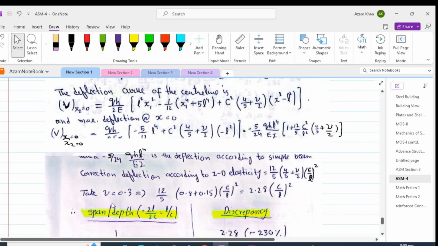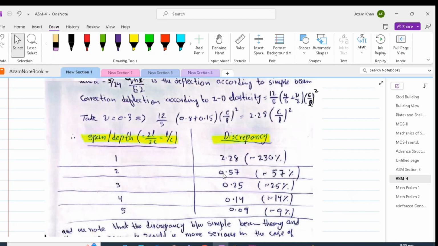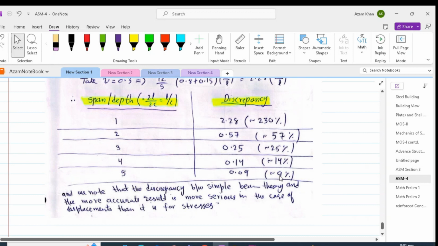So if we take nu equal to 0.3, which is for steel, and put the values in this equation, we can get the span to depth ratio where the beam theory will give us an adequate answer. So if span to depth is equal to 5, the discrepancy is almost 9%.